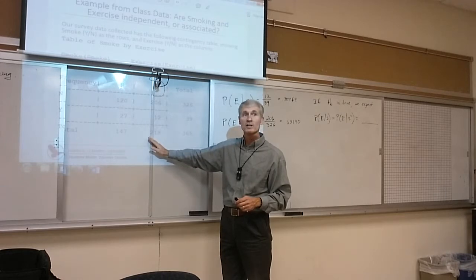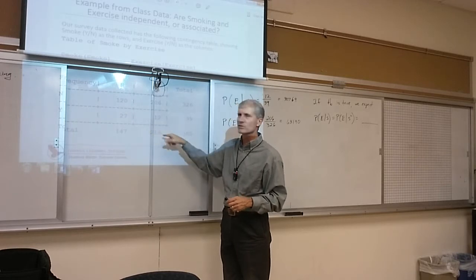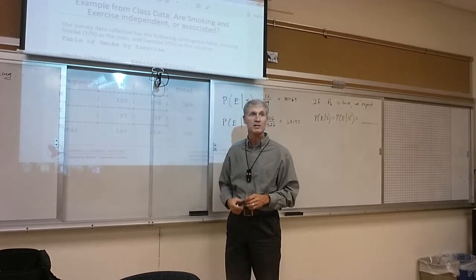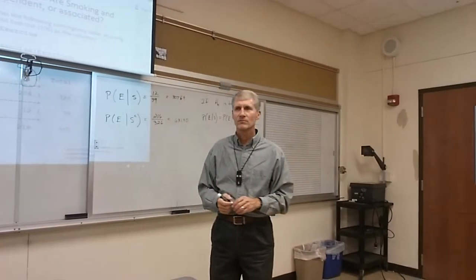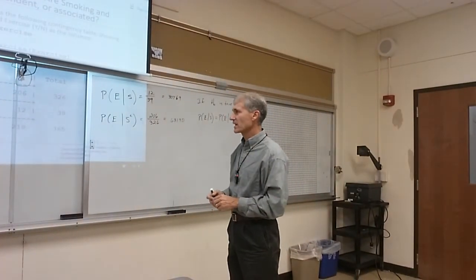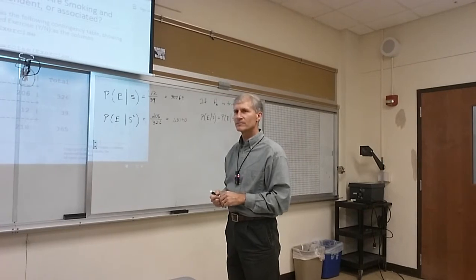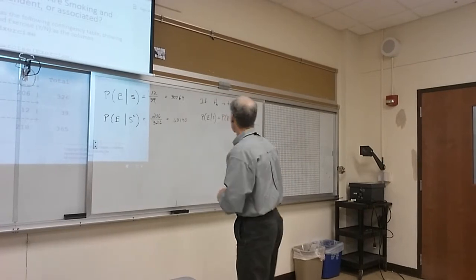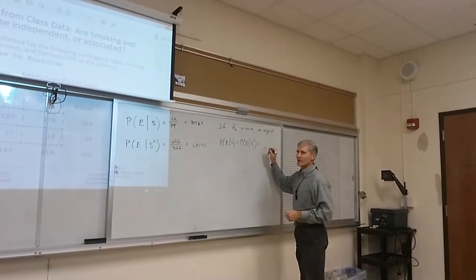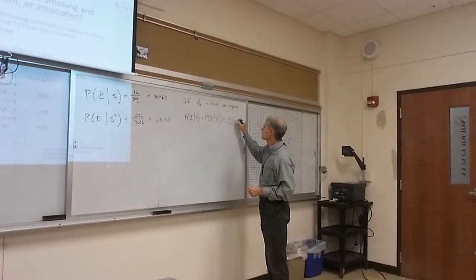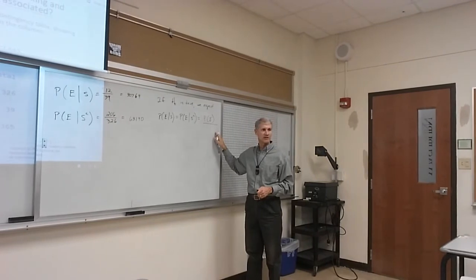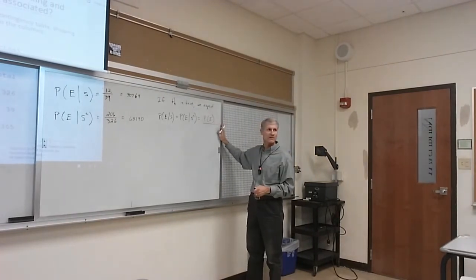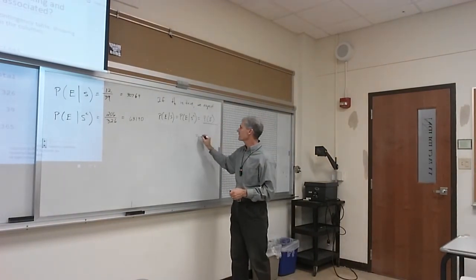If I ignore smoking, and I randomly choose one of these 365 people, what's the probability they're an exerciser? 60%. Okay, and how'd you get that number? Just 218. Okay. And what is that number? It's the probability of exercising without conditioning on smoking. So ignoring smoking altogether.